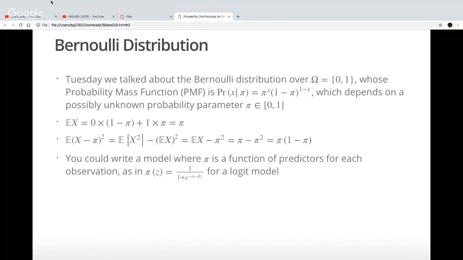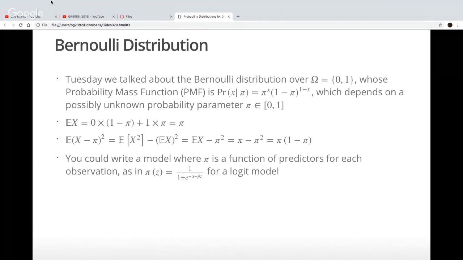So the Bernoulli distribution has this additional parameter, pi, which may very well be unknown, something that we'll ultimately try to estimate. But because it's a probability, it's confined to the space between 0 and 1. Almost all of these probability distributions are going to have parameters in Greek letters that the probabilities depend on.